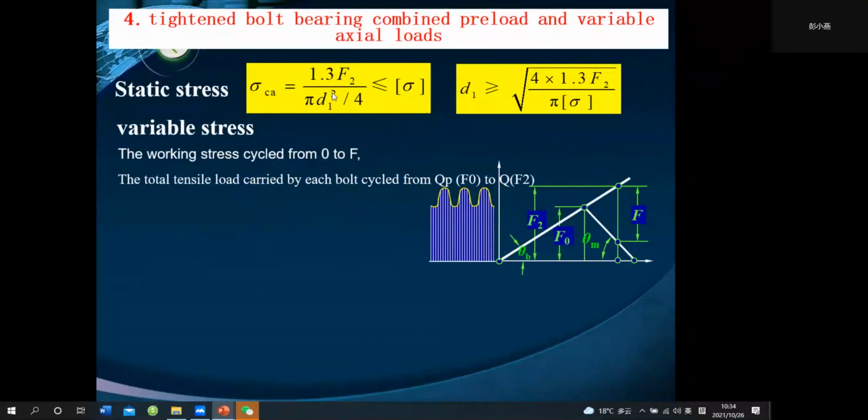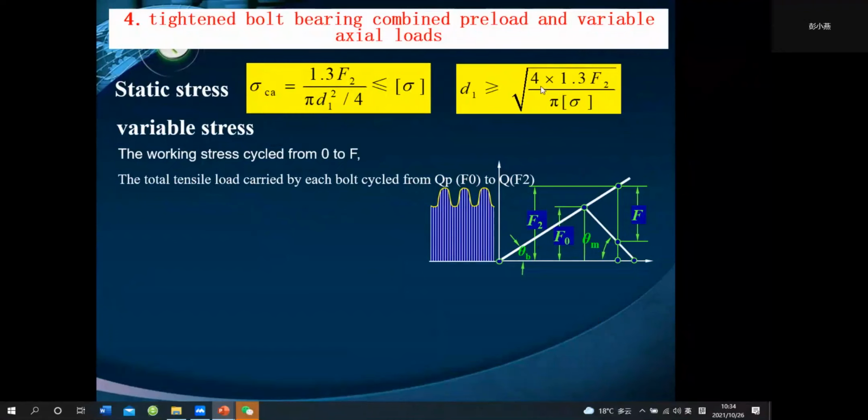We have this strength criterion: the calculated stress is equal to 1.3 times F2, where F2 is the actual force acting on the bolt, divided by the area, and should be less than the allowable stress. So the minor diameter D1 should be larger than this.